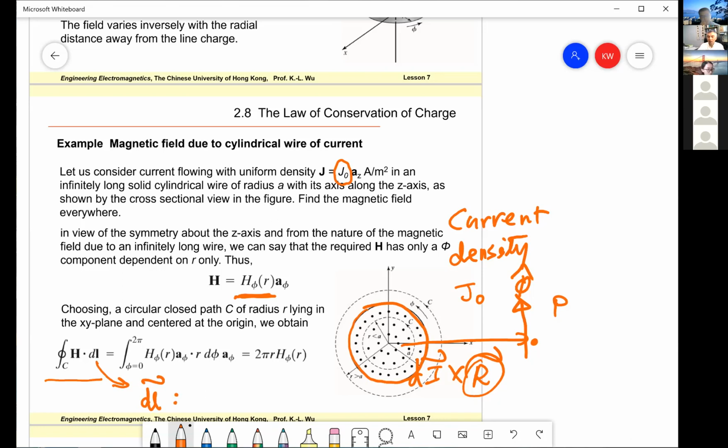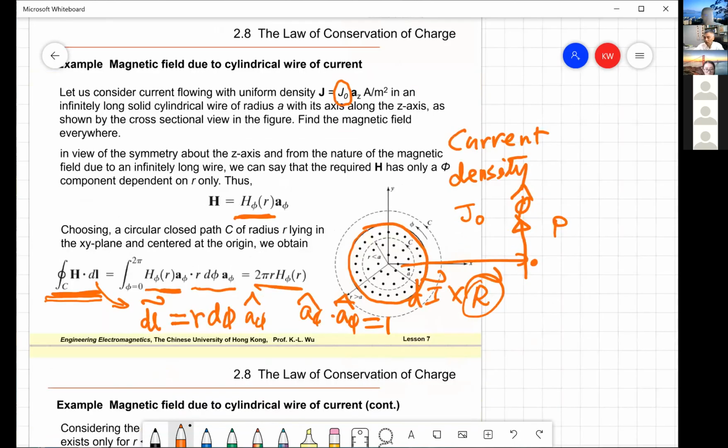The dl is easy, it is in the phi direction. Then when we have dl and the magnetic field, a phi dot a phi equals 1, and we can easily obtain the magnetic field.